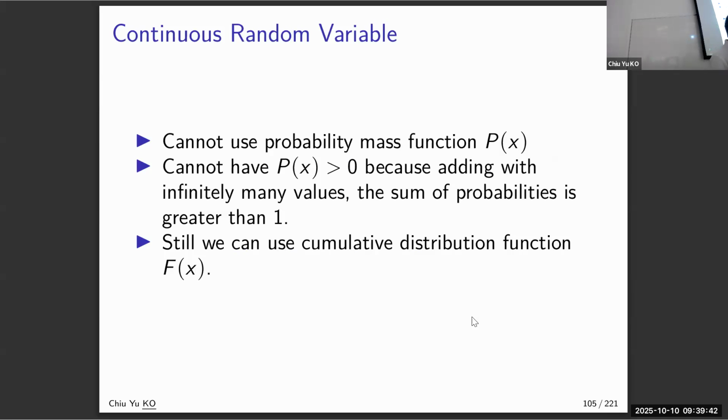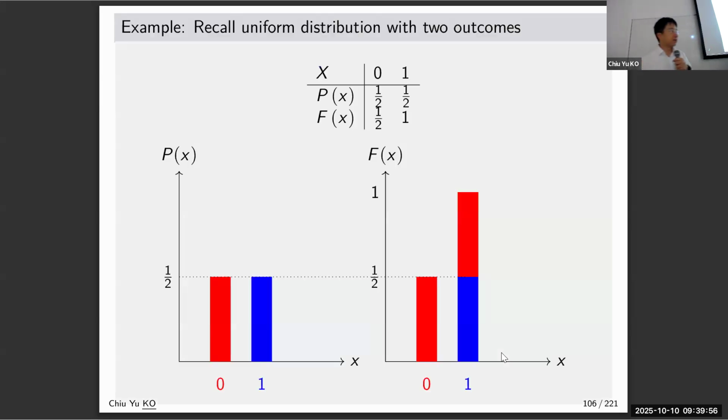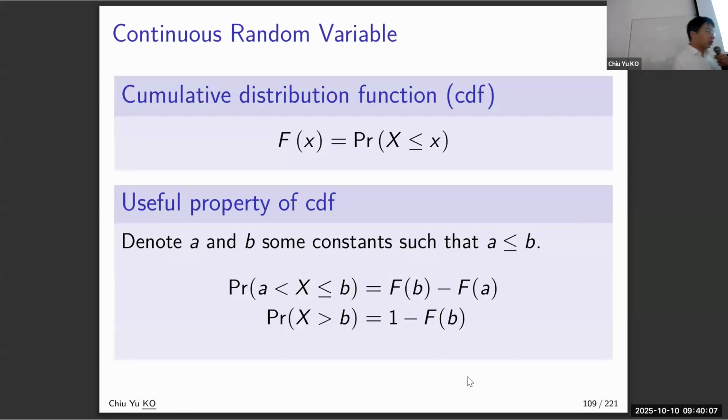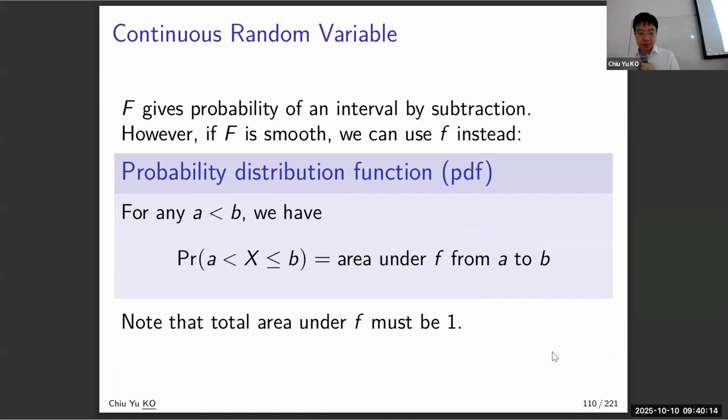If you put anything non-zero, adding infinitely many of them would explode, not sum to one. So it must be zero. That's why the example goes like this: from 0 to 1 you have infinitely many points, so each gets 0. That's why you have to use the big F to describe your continuous random variable.